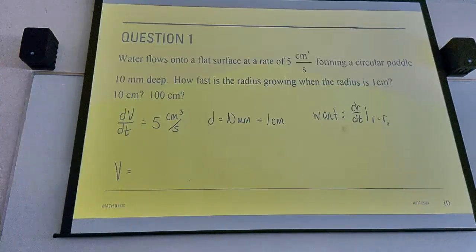Volume has a specific definition. It's cross-sectional area times depth or height, whatever you want to call it. But the area, the cross-section, is what? It's a circle. And what's the area of a circle? And there's your volume of a cylinder, a right circular cylinder.